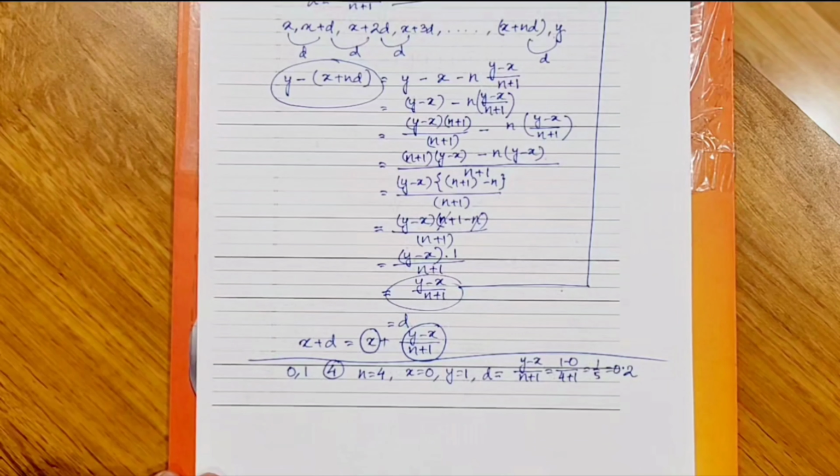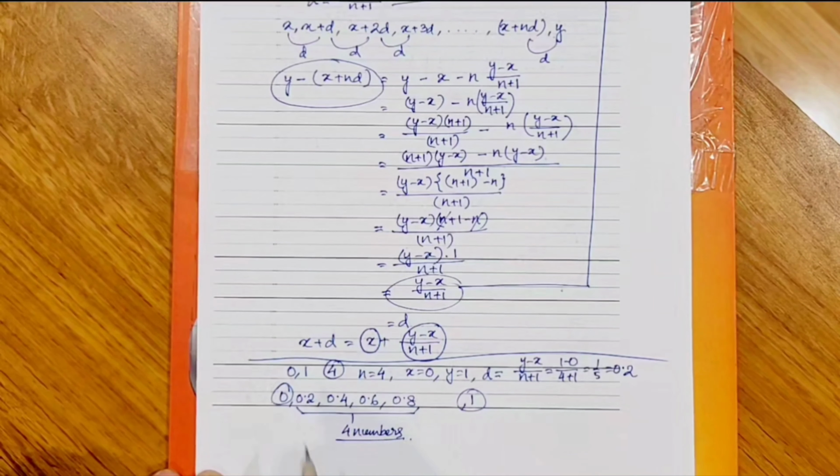That means your rational numbers between 0 and 1 will be 0 plus 0.2, which is 0.2. Further plus 0.2, which is 0.4, 0.6, 0.8, and the next number will be 1. So that means you have found 4 rational numbers between 0 and 1.